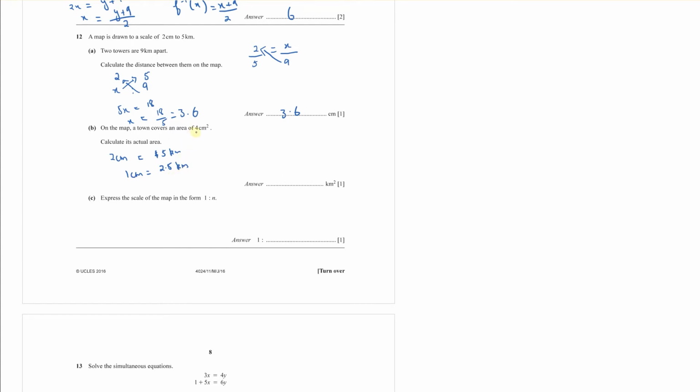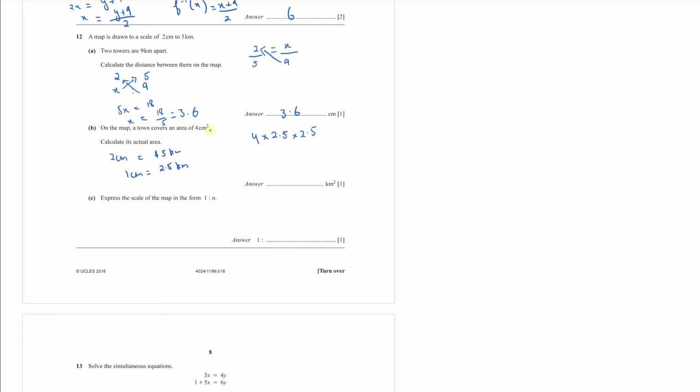Now you have to calculate what 4 centimeter square would be in kilometer square. So you have to convert. Since it's centimeter square, you'll have to multiply by your conversion value 2 times to have the value in kilometer square.